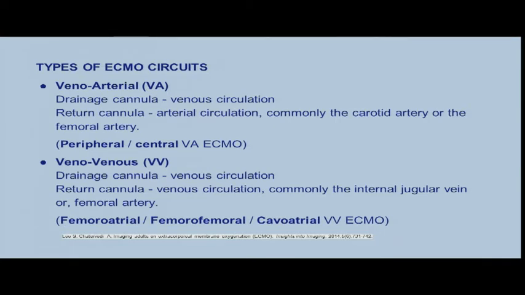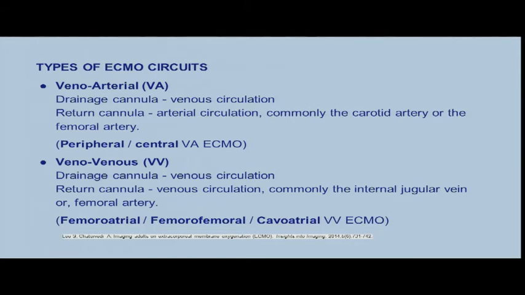So we have the drainage cannula in the venous circulation, and the return cannula in the arterial circulation. Usually for neonates, or in kids that are less than 10 kilograms, the site that is being used for the arterial circulation is the carotid artery. For adults and kids that are above 10 kilograms, the femoral artery is usually used.